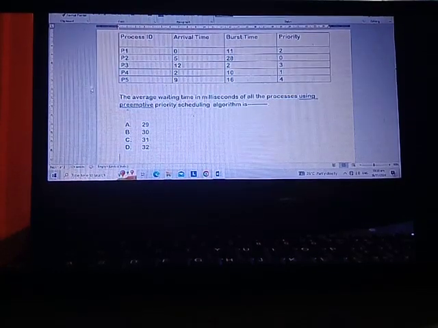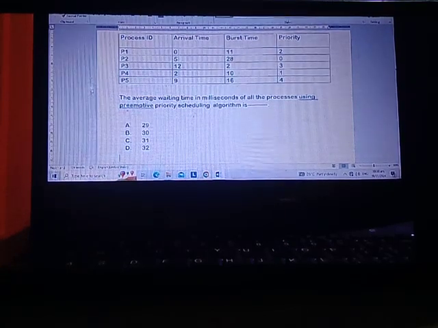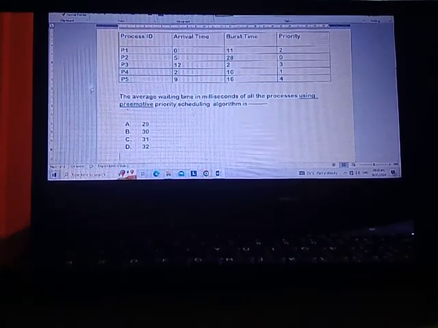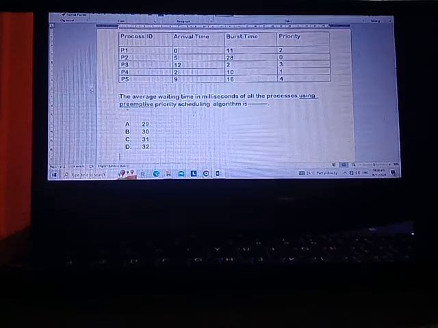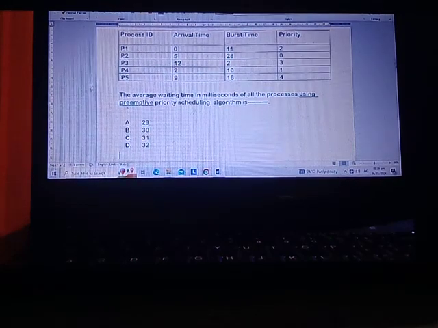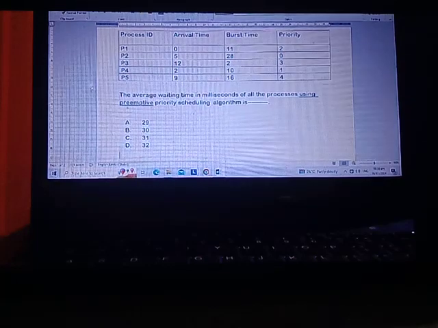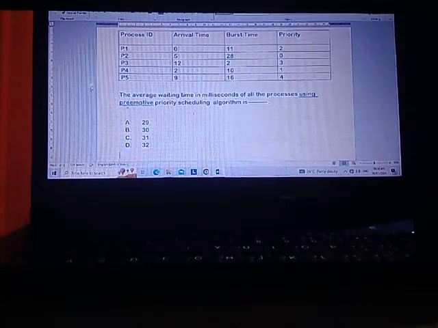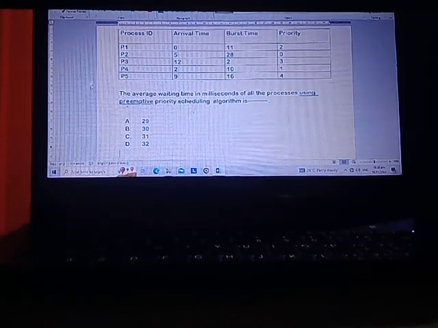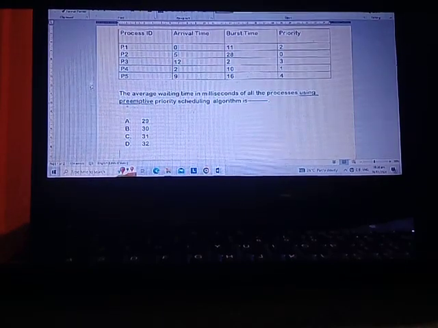Alright, so P2 now gets the CPU and it's continuing its execution. Now if you look at this table after P2, let's see what are the other processes that arrived. After P2, which arrived at 5 milliseconds, the next processes to arrive are P5, which arrived at 9 milliseconds, and after that P3 arrives at 12 milliseconds.